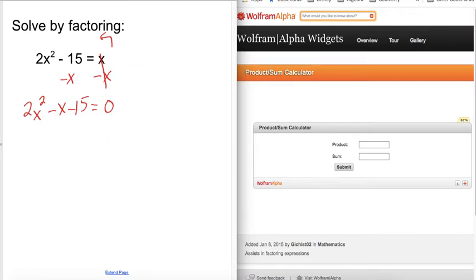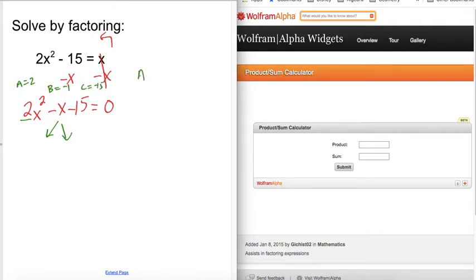Remember, the next step for factoring, we want to factor this. And as I look at it, there's no greatest common factor to factor out, so it's ready to factor. And how you're going to do that is you're going to be breaking up that middle term into two pieces. And you're going to take your a value, which is 2, your b value, which is -1, and your c value, which is -15.